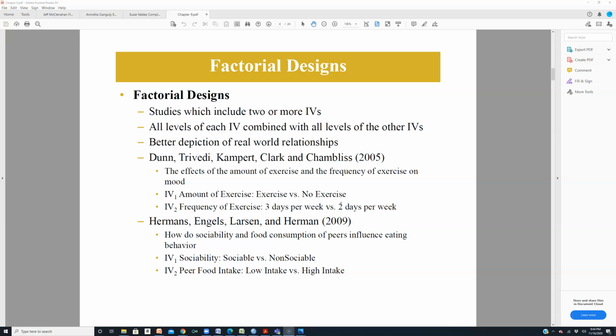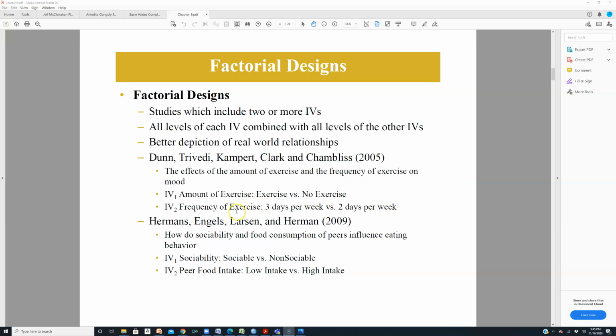Let's take, for instance, if we wanted to look at the effects of exercise and the frequency of exercise on mood. Our first independent variable or factor would be amount of exercise, and we'd have 2 groups, a control group that doesn't exercise and an exercise group or experimental group that does. Then our second IV is frequency: one group that exercises 3 days per week and one that exercises 2 days per week.